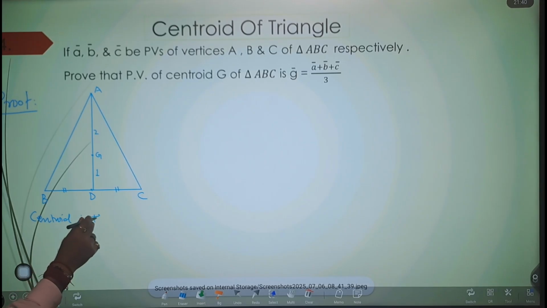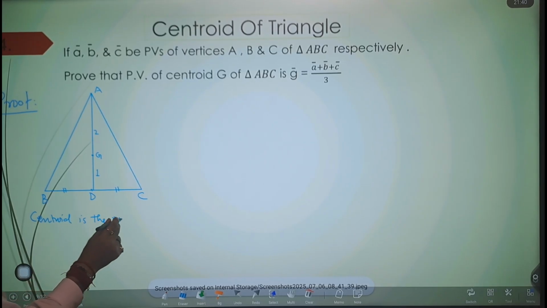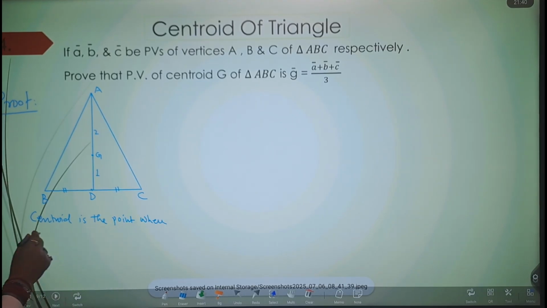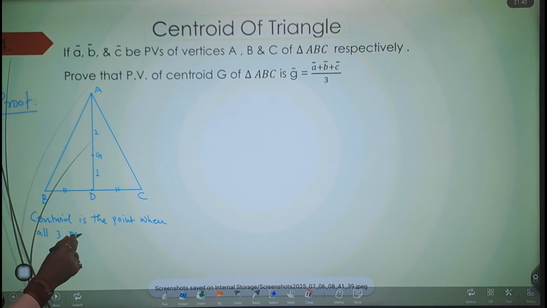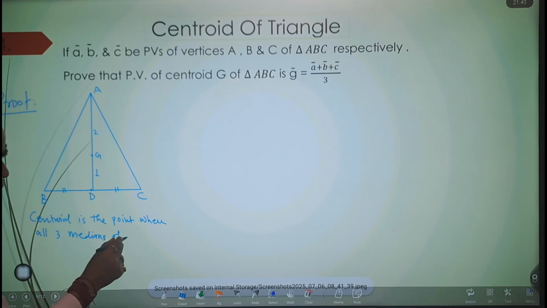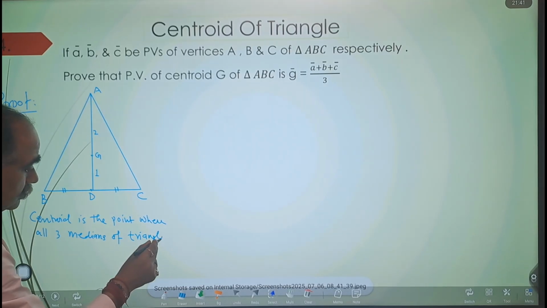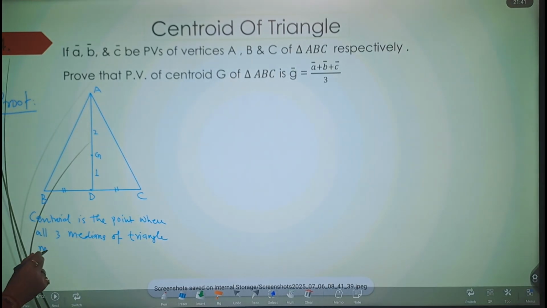Centroid is the point where all three medians of triangle meet each other.